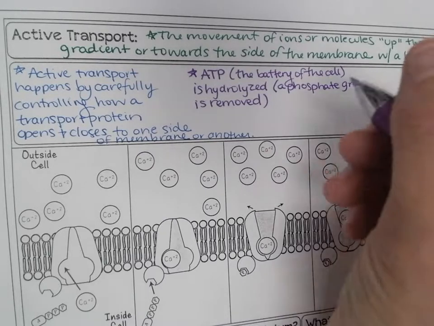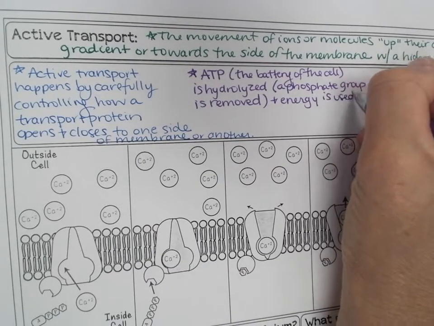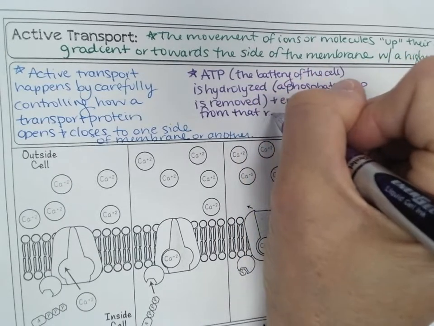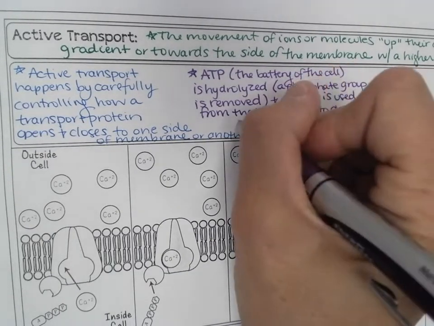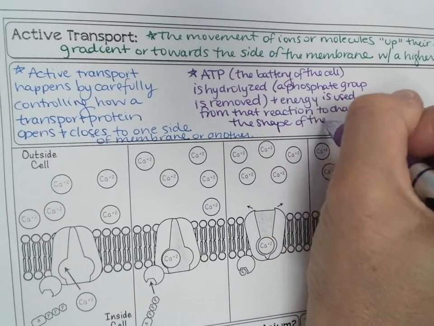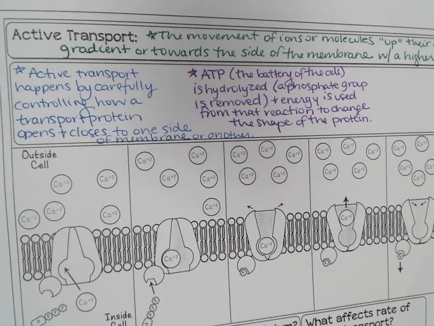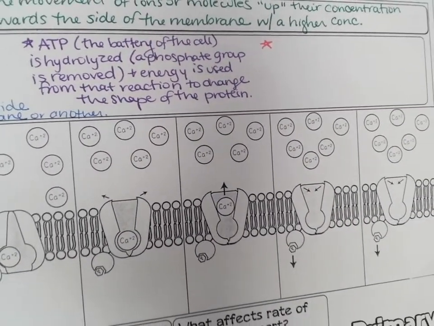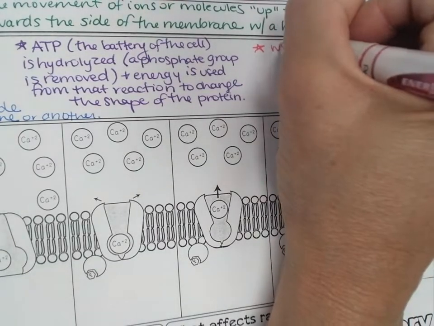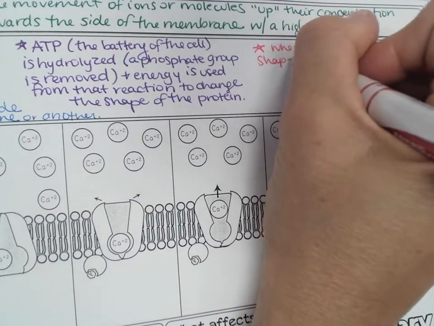So a phosphate group is removed, and energy from that reaction is used to change the shape of the protein. Okay? And then when the protein changes shape, are you with me, Owen?